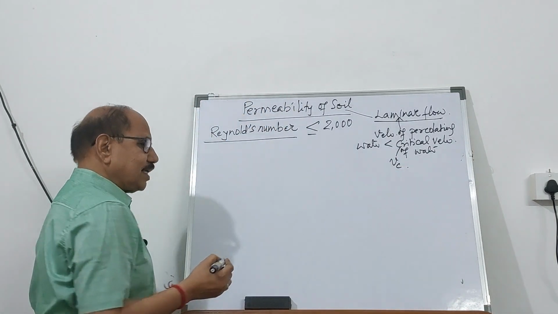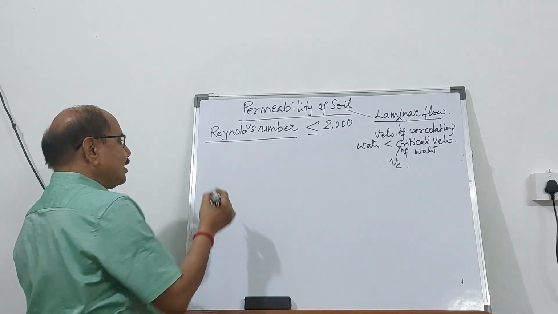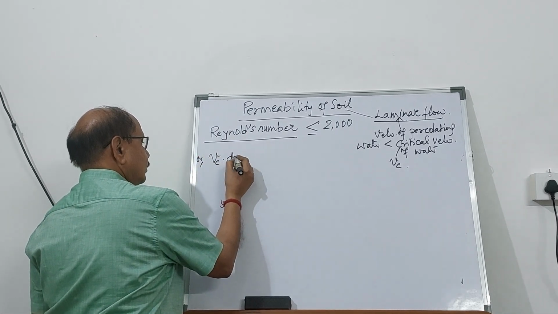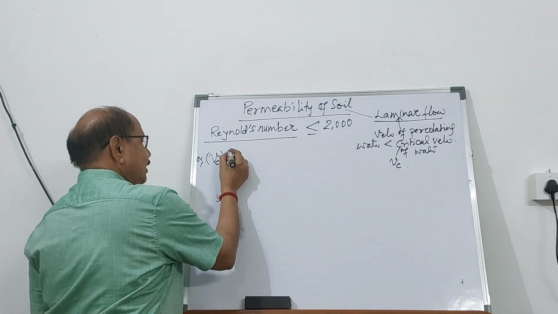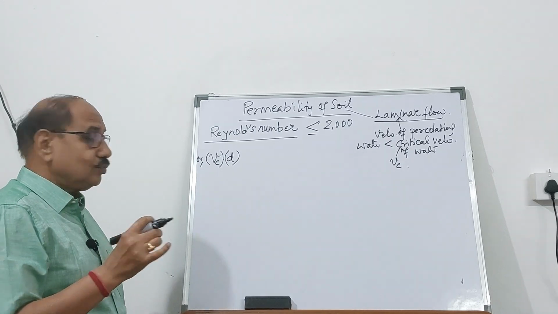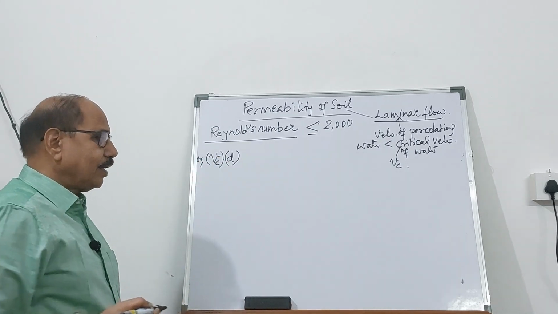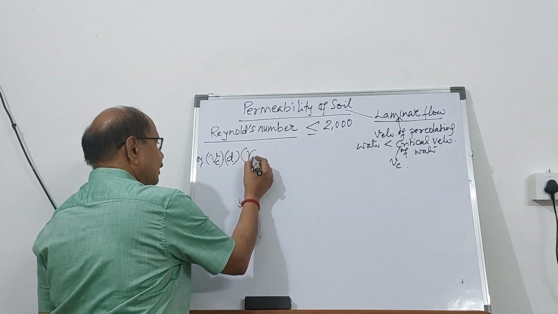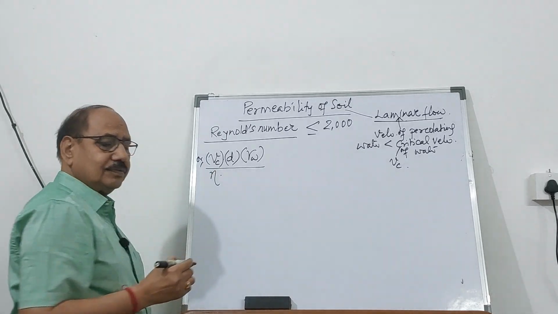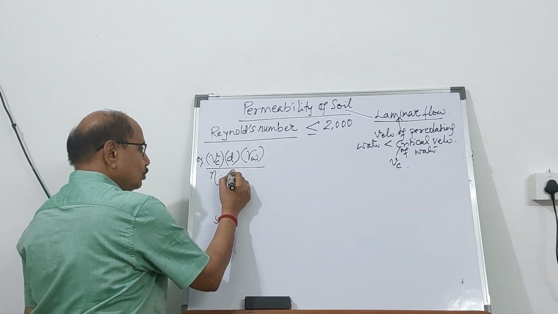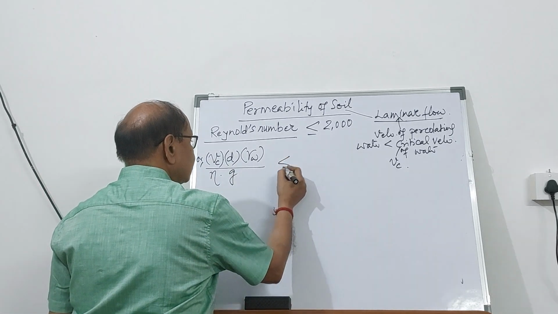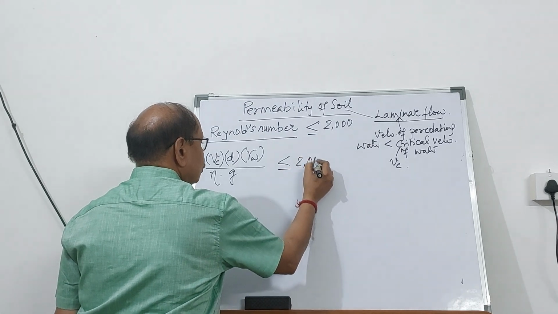So Reynolds number says that Vc, the critical velocity of percolating water in a tube whose diameter is d into unit weight of water, and if the viscosity of the water is eta into g, acceleration due to gravity, should be less than or equal to 2000.